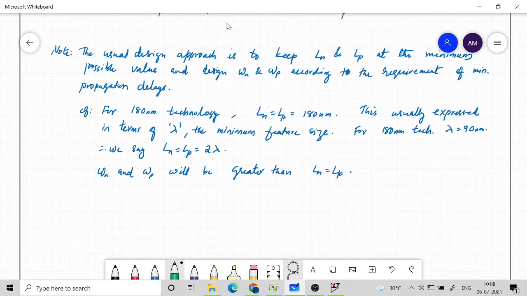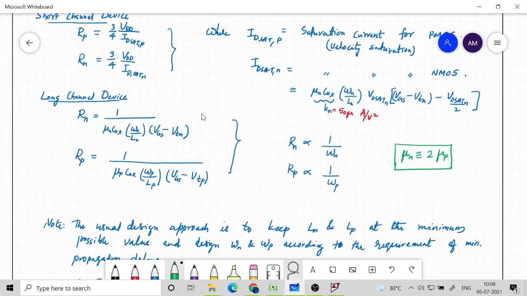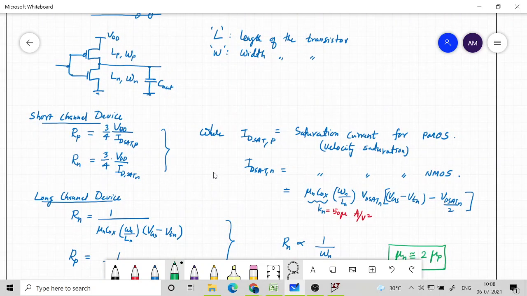The convention for deciding the sizing is that usually we keep Ln and Lp, as I said, at the minimum length possible, that is 2 lambda, and then Wn you have to fix. Usually it is higher than Ln.